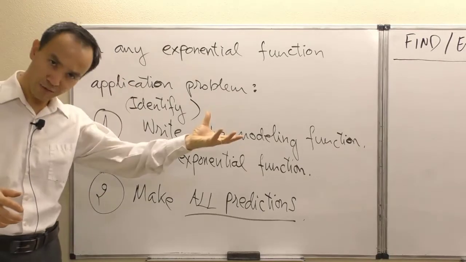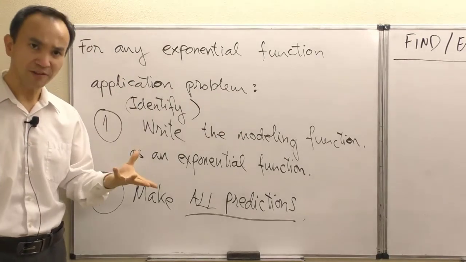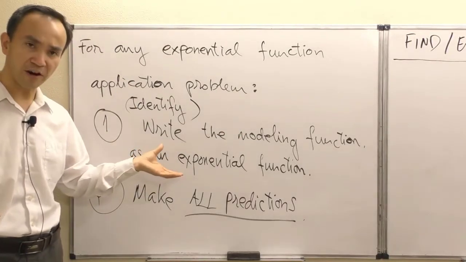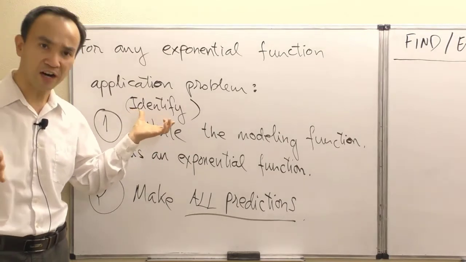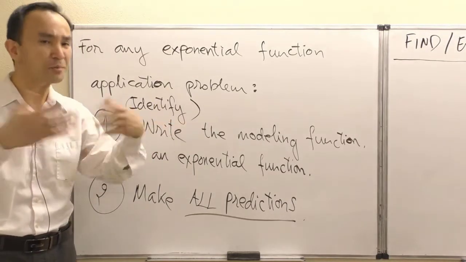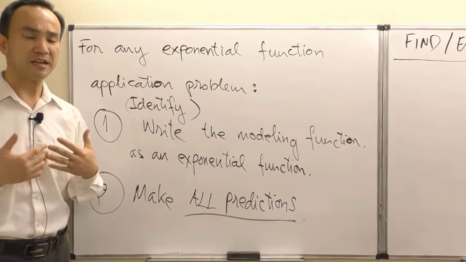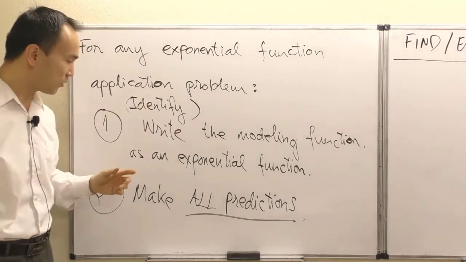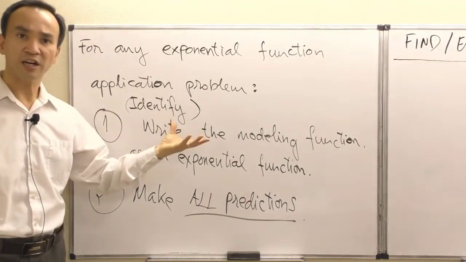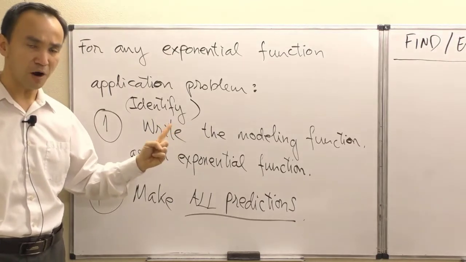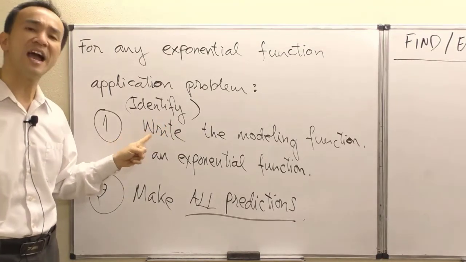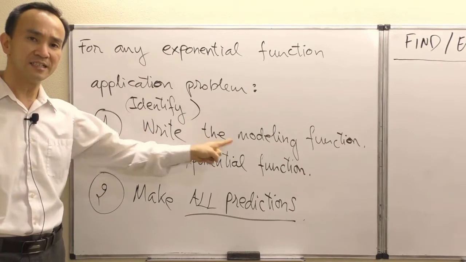In some other problems, we have the modeling function given, and we just need to identify the function throughout the worded description of the problem. But in the problem we're currently working with, the modeling function is not given yet. So that's where we have to write the modeling function here.